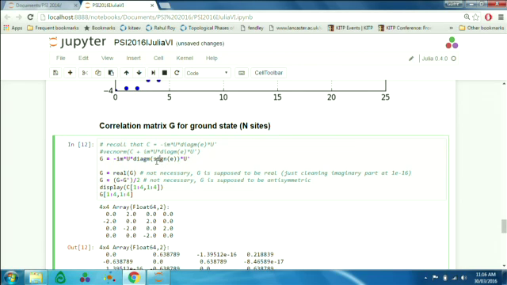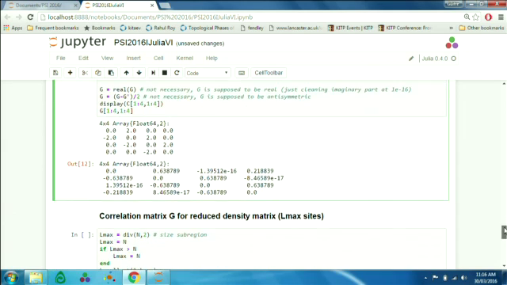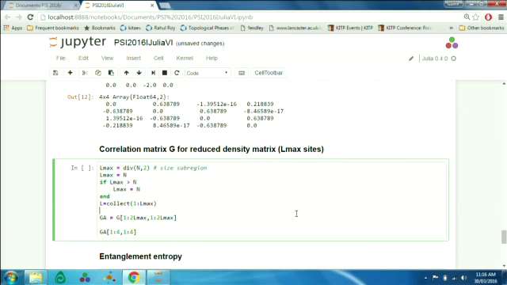We again have to take the sign of the single particle energies and do the transformation we had done to diagonalize matrix C, U dagger. Very good. And finally, the correlation matrix G for the density matrices, we do the same as before. Now we create our correlation matrix on part A by restricting the correlation matrix for the whole system to the region we're interested in.